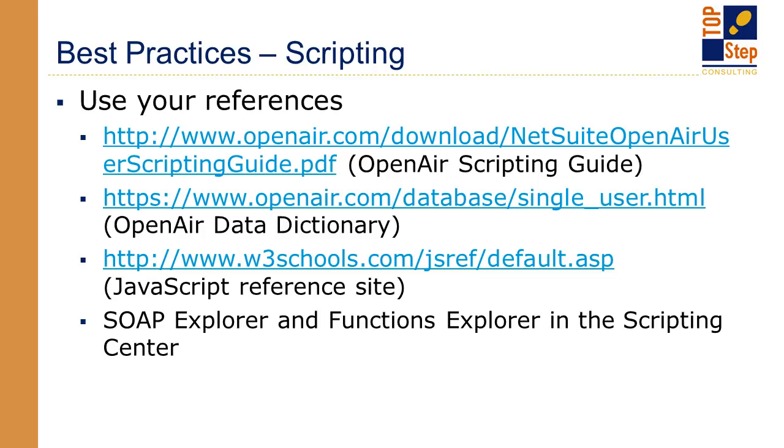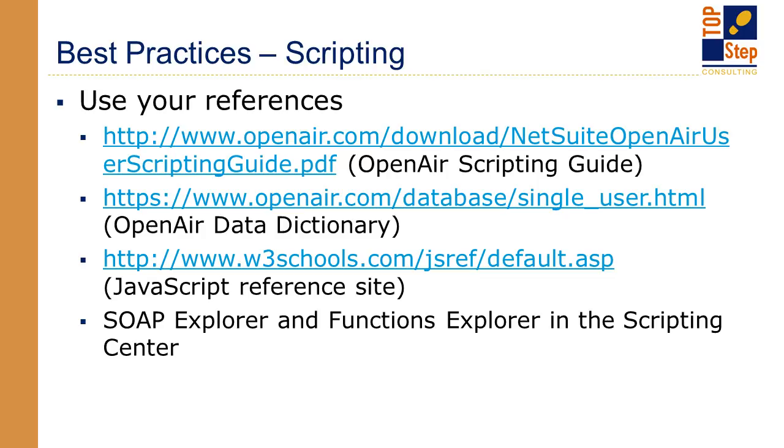Now, any of you that were on the webinar that I did a while ago found out that I was giving you links that didn't work because I was pulling them from some old documentation. And so I went back and tested these myself and made sure that they worked. So that's the OpenAir Scripting Guide. You can also get to it from that little info icon that we just showed you.